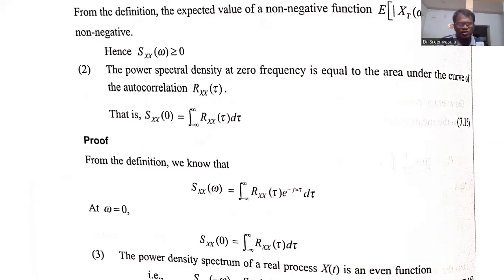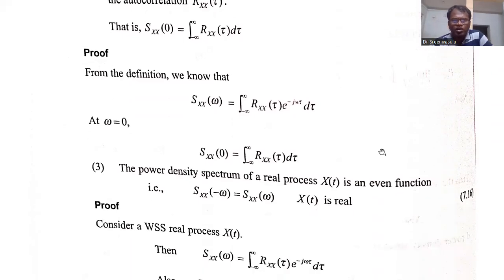So simply, you consider the Fourier transform of the autocorrelation function. Sxx of 0 is integral from minus infinity to plus infinity Rxx of tau into d tau. It is nothing but the area under the curve. A simple property.